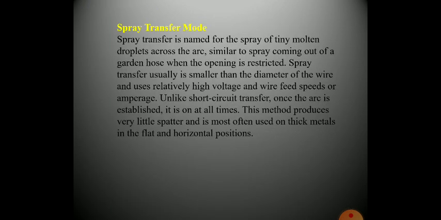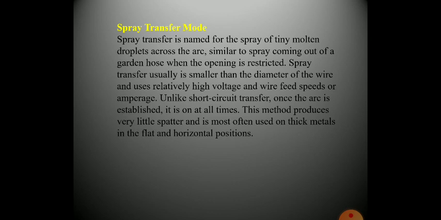And then the next one is the spray transfer mode. Spray transfer is named from the spray of tiny molten droplets across the arc, similar to the spray coming out of a garden hose as we are showering the trees and plants.